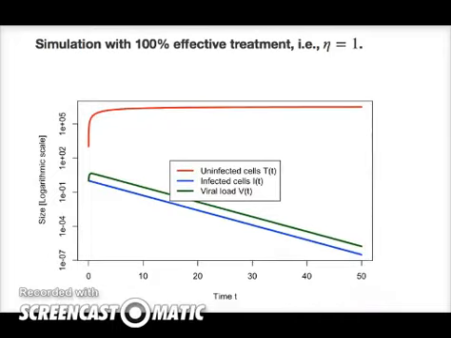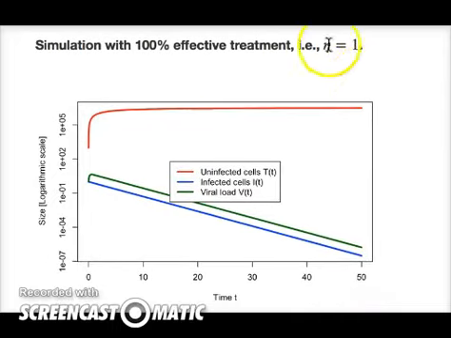But when treatment is applied in full force, that is in a schedule in which the drug is 100% effective, it's possible to perturb that equilibrium, and basically the solutions leave the basin of attraction of a stable endemic equilibrium and they converge into what's called the basin of attraction of a stable disease-free scenario. Okay, and that steady state will see populations of virus and infected cells converge to 0.